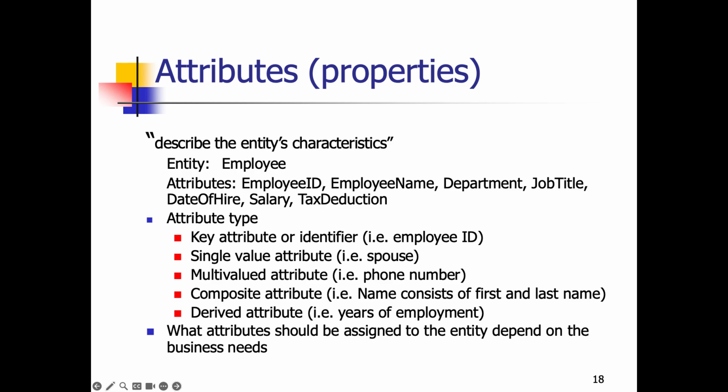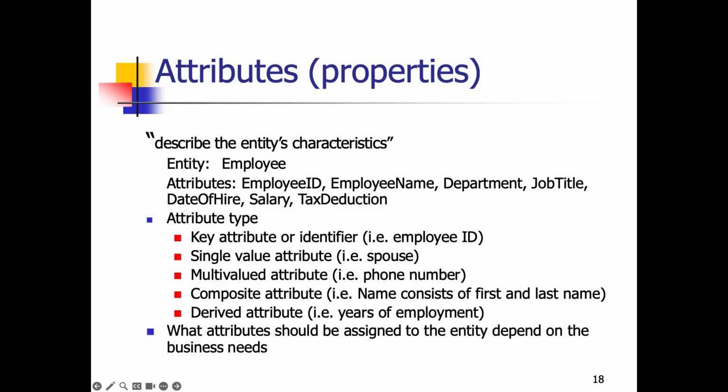And then we have also composite attributes. Composite attribute, please don't confuse it with the composite entity. You can call the composite entity an associative entity, just not to confuse. They are different things. That is about an entity that deals with connecting two entities in a many-to-many relationship.